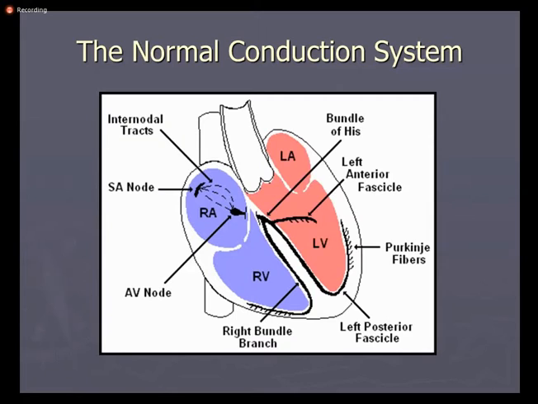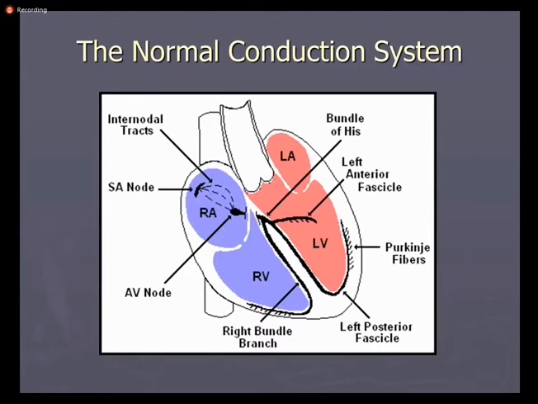When the right and left atrium become emptied, the electrical activity continues again, goes into the His bundle, and from there it goes into the right or left ventricle through the right bundle branch or left bundle branch. From the right and left bundle branch, the electrical activity further propagates to stimulate the right and left ventricle through the Purkinje fibers.